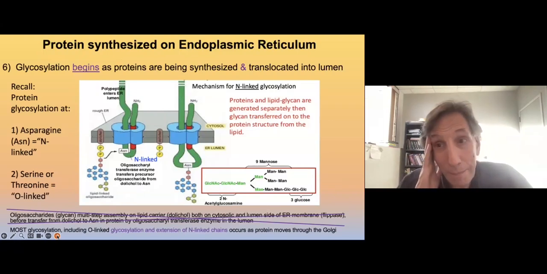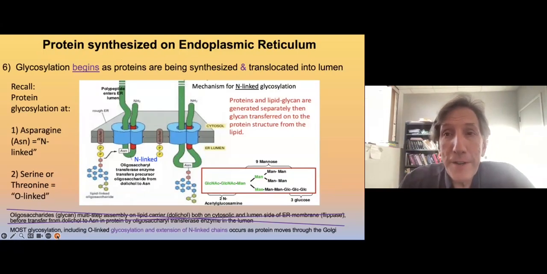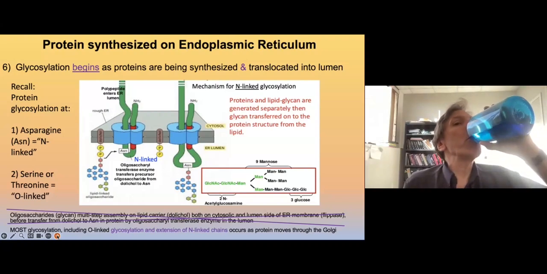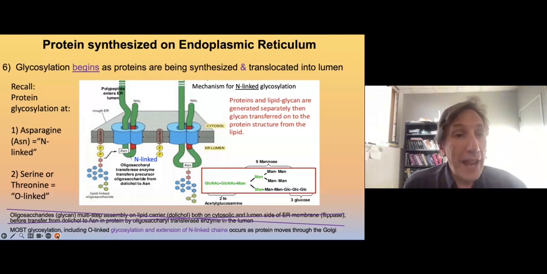So another big thing that happens for ER proteins, particularly the transmembrane ER proteins that are made, is that they are glycosylated. We've talked about protein glycosylation a few times. If you remember, that's one of the ways that specific amino acids on specific proteins get modified. And it's now time to tell you that there are two basic types of glycosylation.